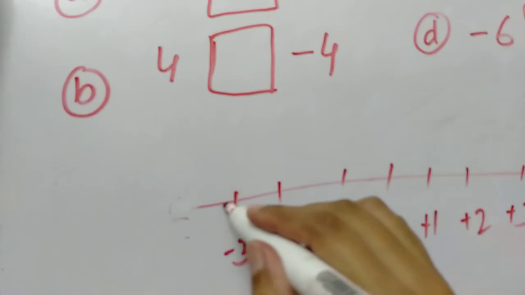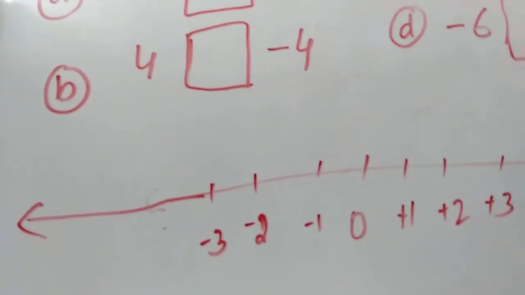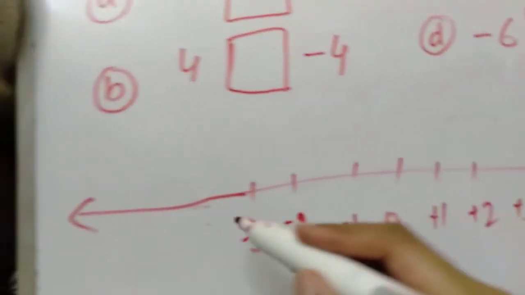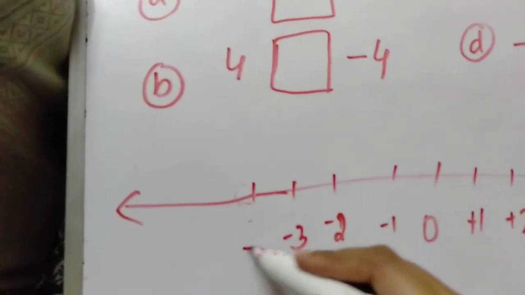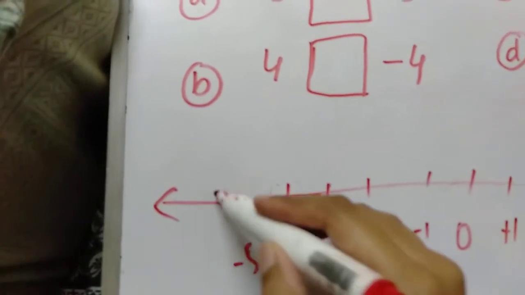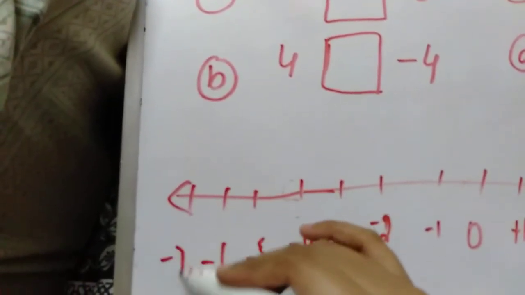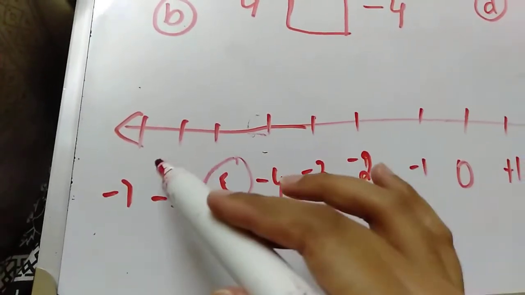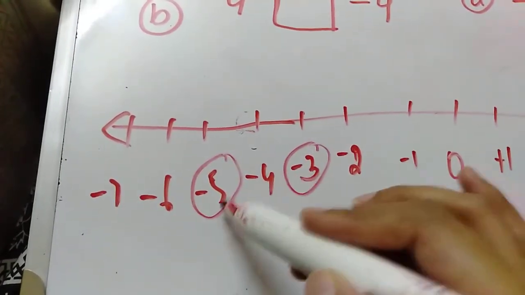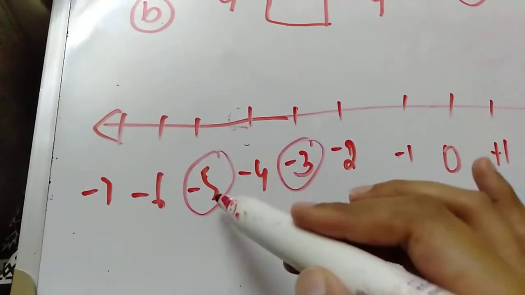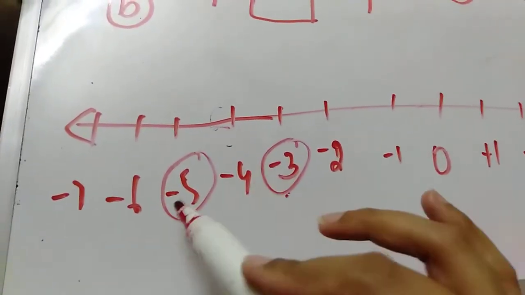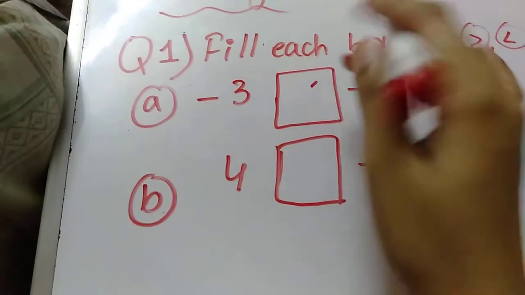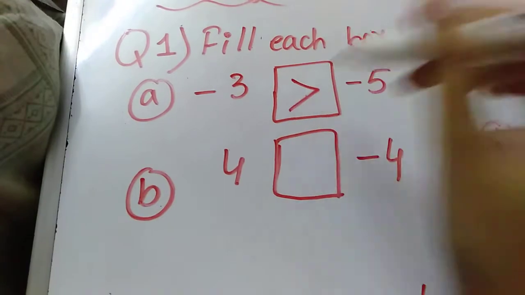If we extend this line, +4, +5, and -3, -4, -5, -6, and -7. So you can see that -3 comes first, then -5. That means -3 is greater than -5. So we will write it like this: -3 is greater than -5.